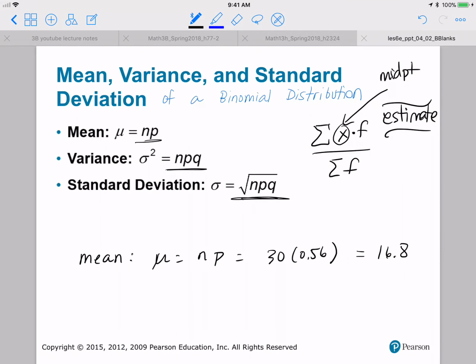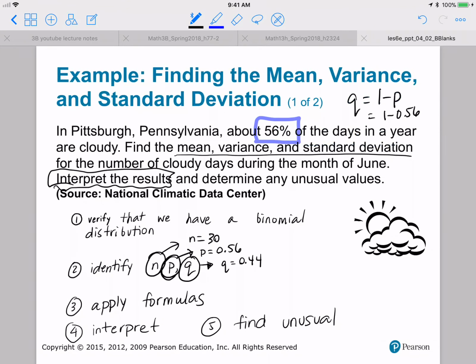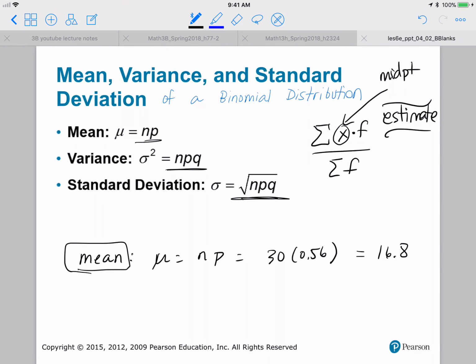What does it mean to say that the mean is 16.8? Here's what it means. If 56% of the days in a year are cloudy in Pittsburgh, then on average, you can expect about 17 days in June to be cloudy.